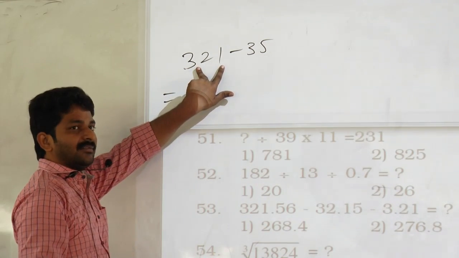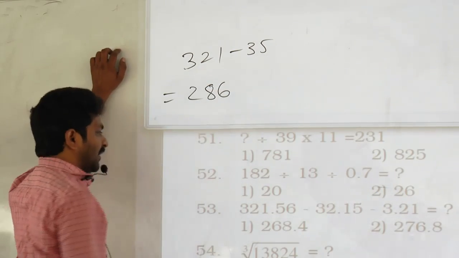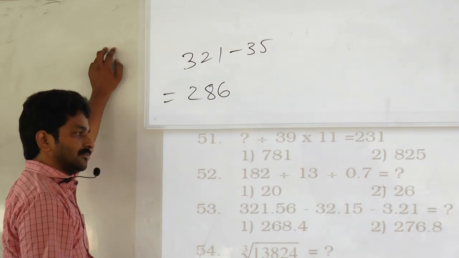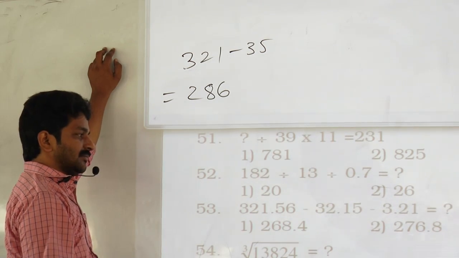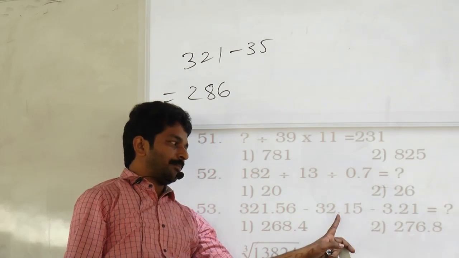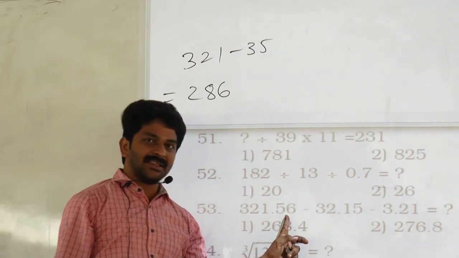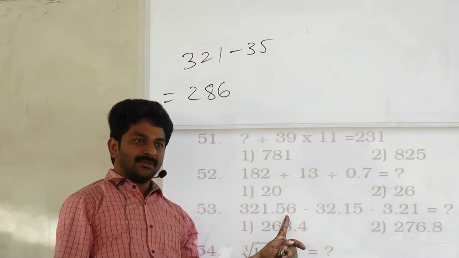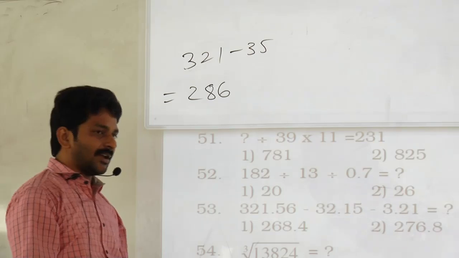Add 65. 21 plus 65, 86. 286. See, after the decimal, this is 0.56, 0.15, 0.21. When you add these, you have less than this. Yes or no? So this value will not change. Direct third option.